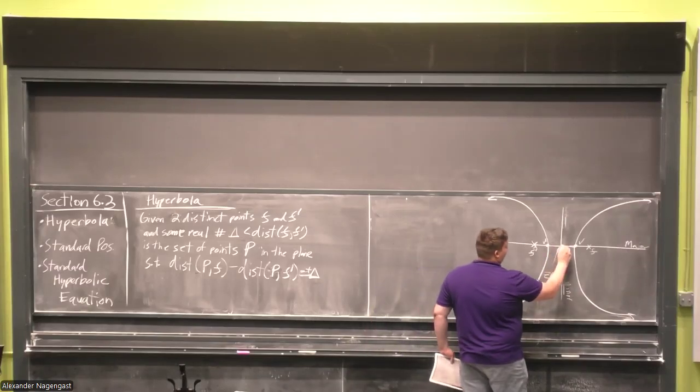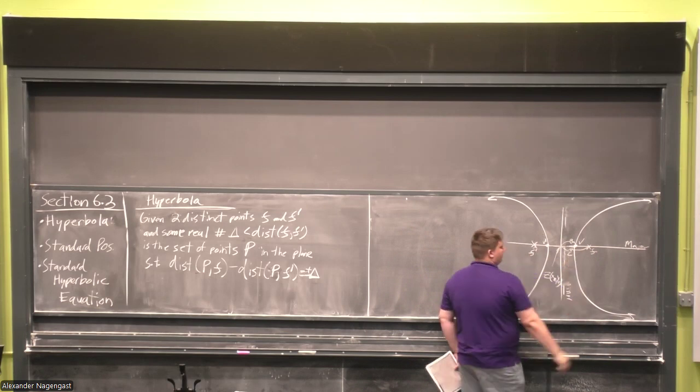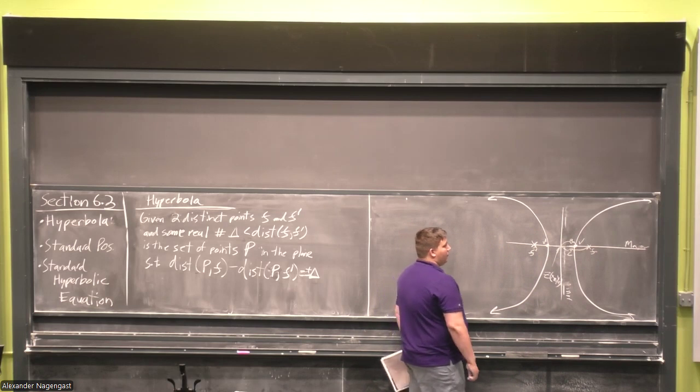And now I'm going to describe this distance here as A. I'm going to describe the distance from the center to the foci as C. So I'm using the same conventions as the previous video.